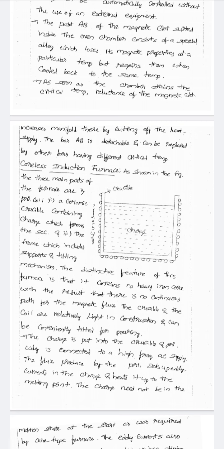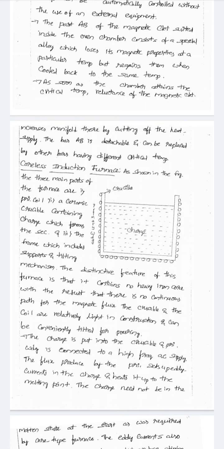As shown in the figure, there are three main parts of the furnace: a circular ring containing the charge, which forms the secondary, and the frame which includes the support and tilting mechanism.